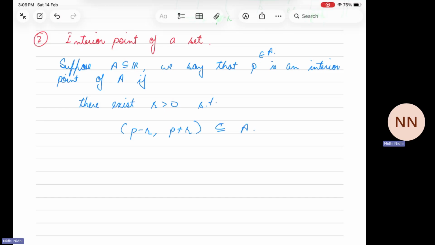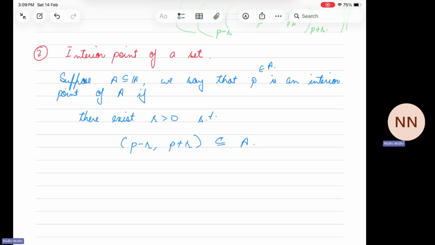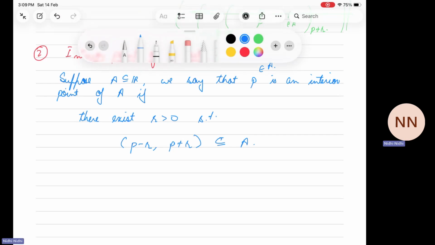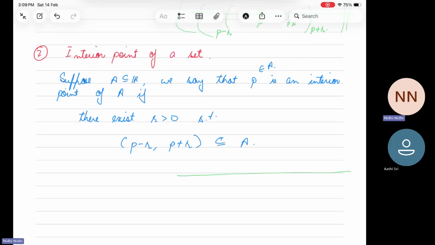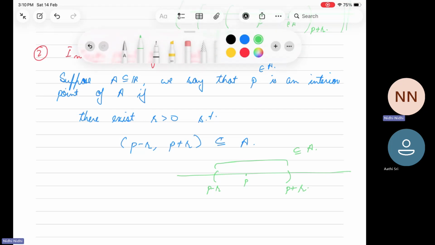And in fact, there exists an interval around, or we should say a neighborhood around P, which is contained completely in the set A. So on the real line, if this is point P, then the interval P minus R to P plus R should be completely contained in the set A. Then only we call P an interior point. Using these interior points and limit points, we can judge whether a set is closed, open or not. For that, we have our next definition.